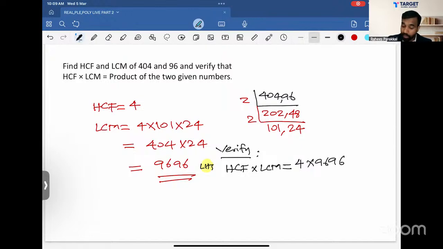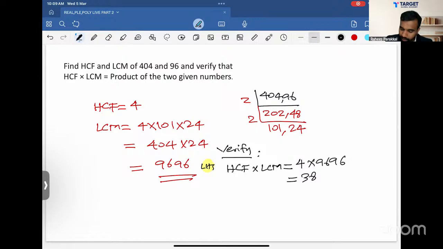When you multiply, you will get 38,784. So the RHS of this one would be A into B. Very simple, A into B. So that is 404 into 96.